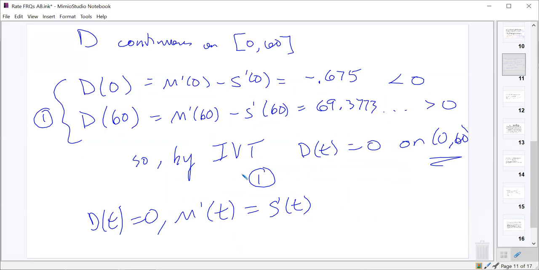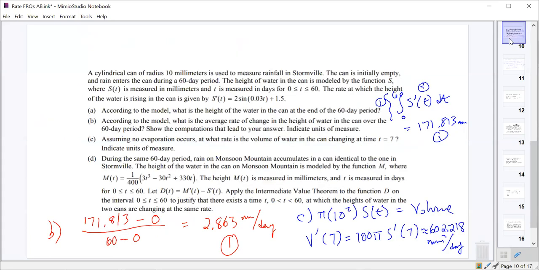What was the point breakdown for C? For C, I didn't tell you guys that. For C, it was 1 point for writing an equation for the volume and 1 point for the answer.